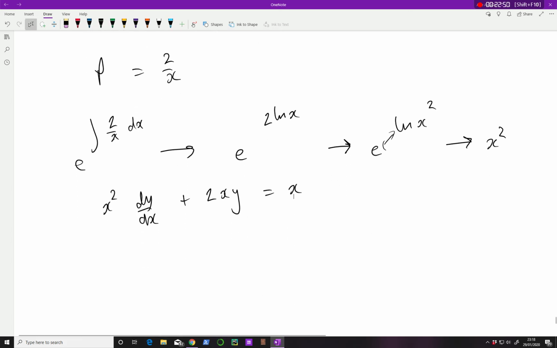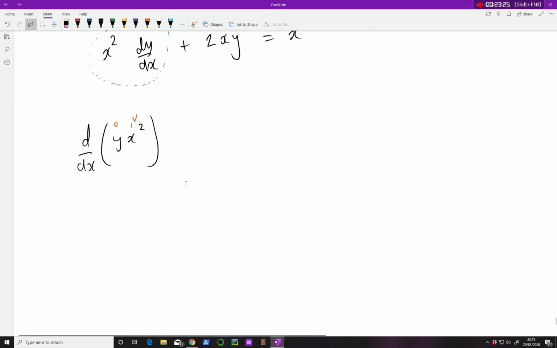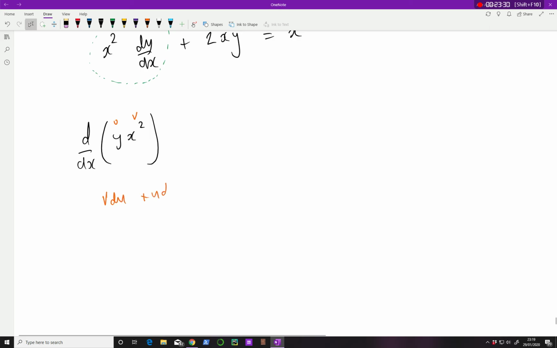Okay. Then the next thing I'm going to do is take a close look at what's going on here. These questions are very predictable. Take a close look at what's going on there and realize that this is an exact derivative, because dy by dx times x squared, again I'm going to put my u and my v and follow the convention v du plus u dv.